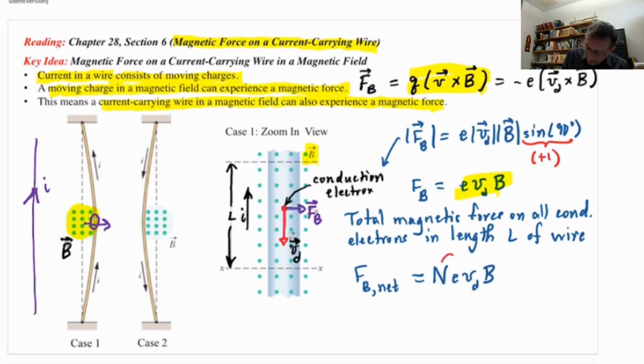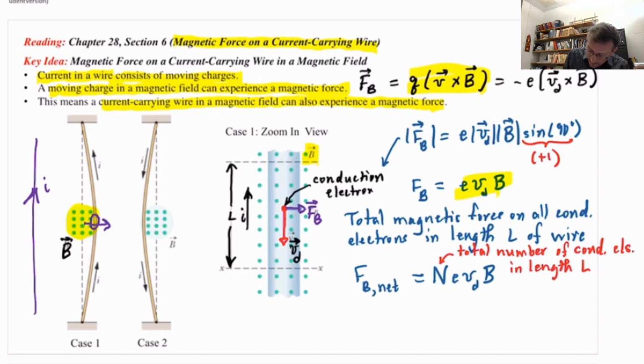This big N is the total number of conduction electrons in the length L.